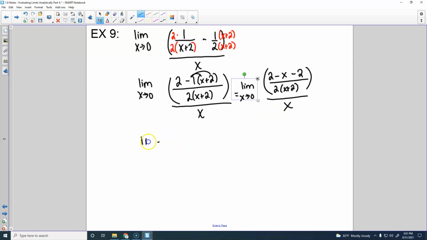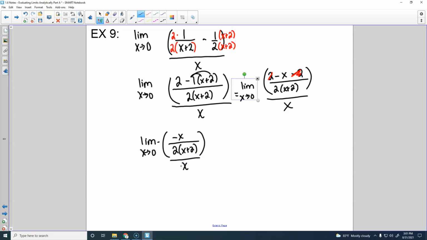And here I've got a positive 2 and a minus 2, so those end up canceling right there. So I've got the limit as x approaches 0 of negative x over 2 times x plus 2, over x.